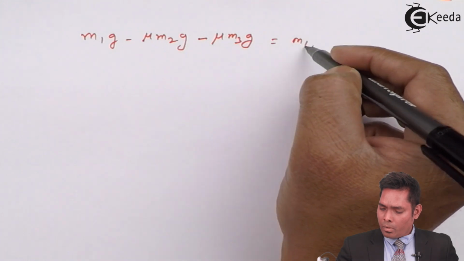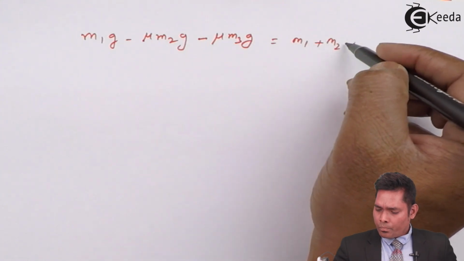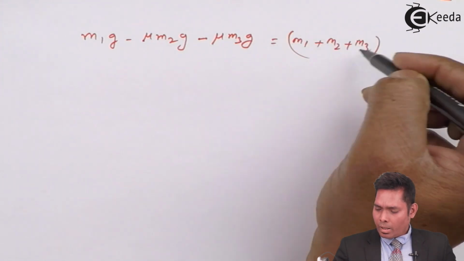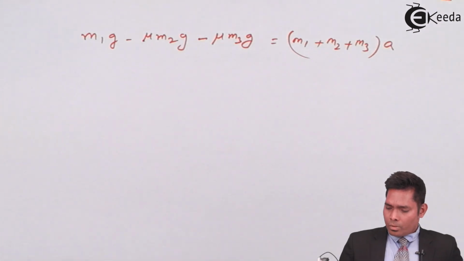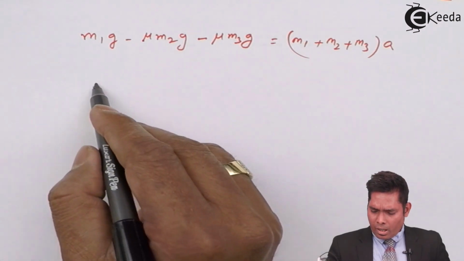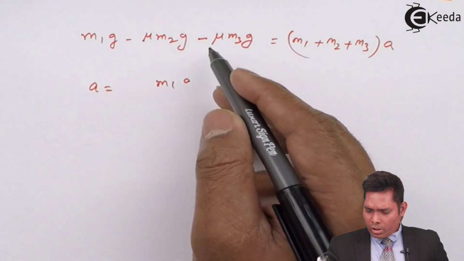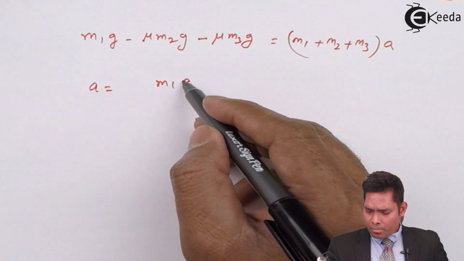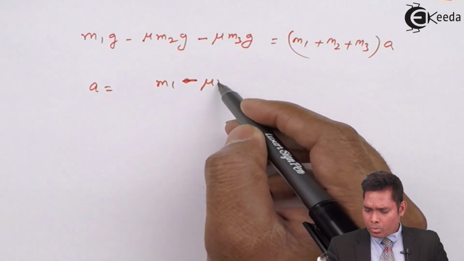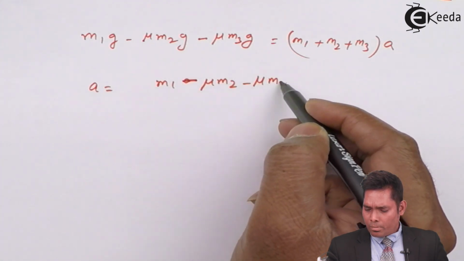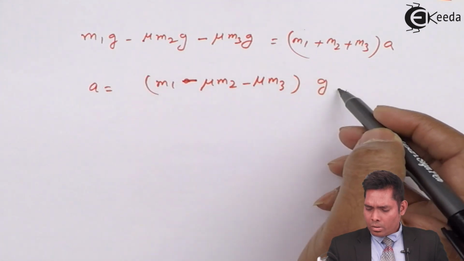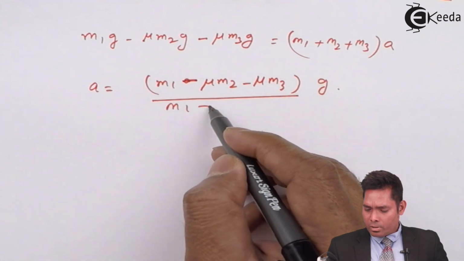This is equal to m1 plus m2 plus m3 times a. We are interested in a, so a will become m1 minus mu m2 minus mu m3, into g, divided by the total mass.